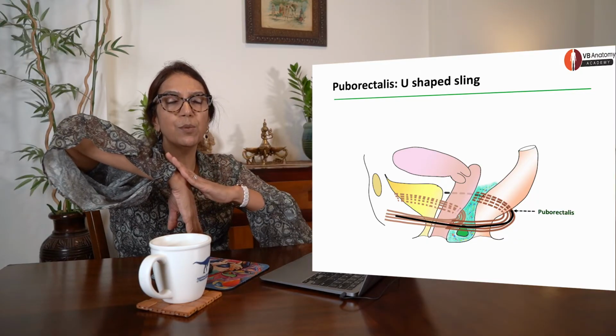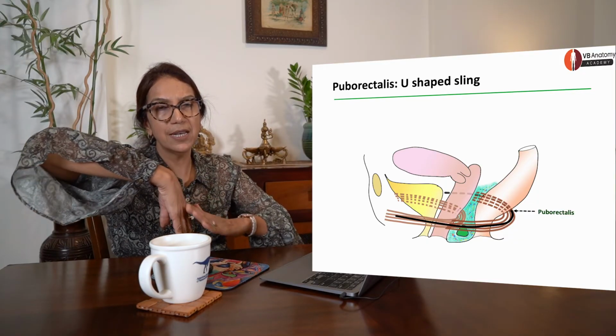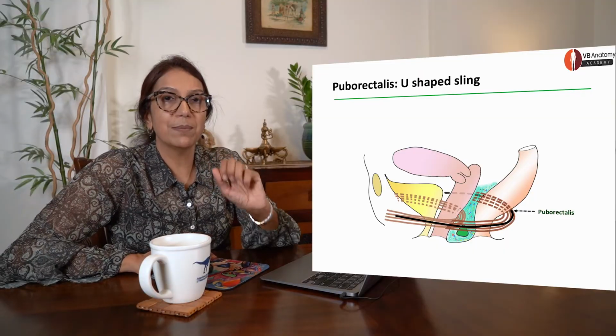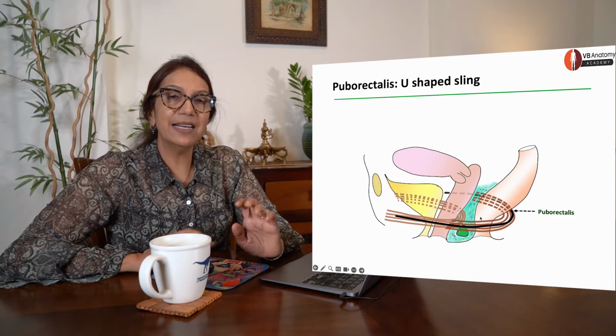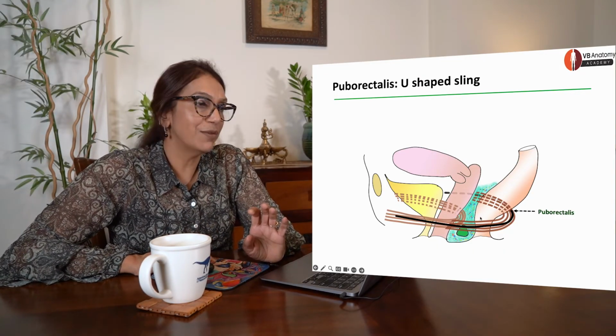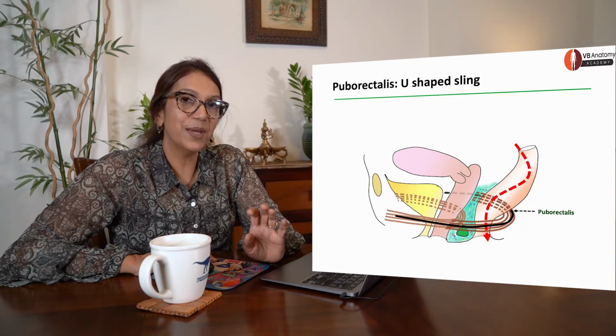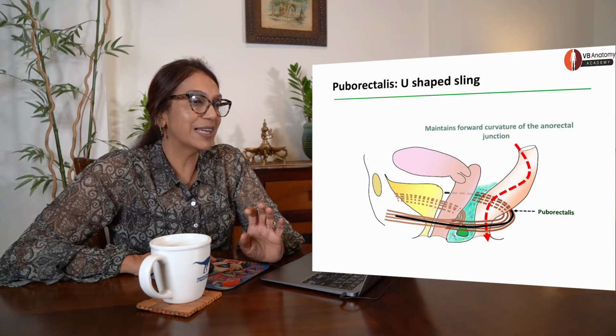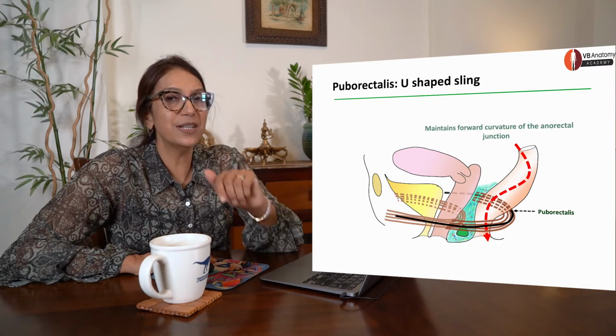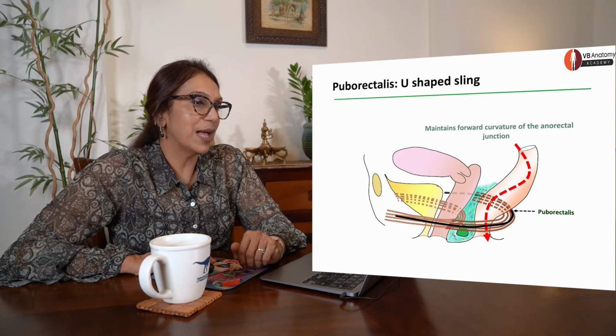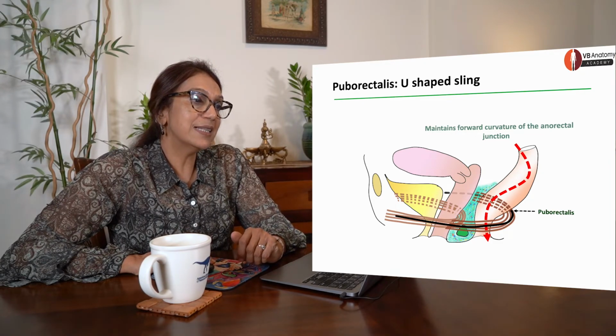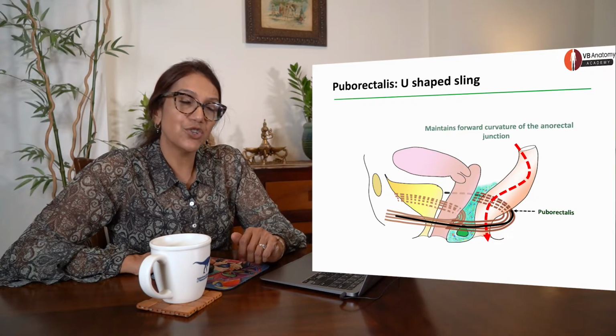The uterus promptly retroverts and extends out, causing prolapse. So this angle is acting like a support to the posterior wall of vagina. Okay? So that's how puborectalis acts as a crucial support for preventing prolapse of uterus. Maintains the curvature of anorectal junction.